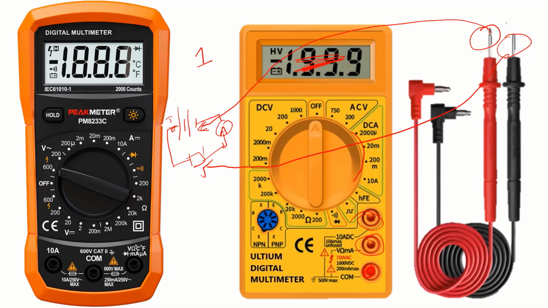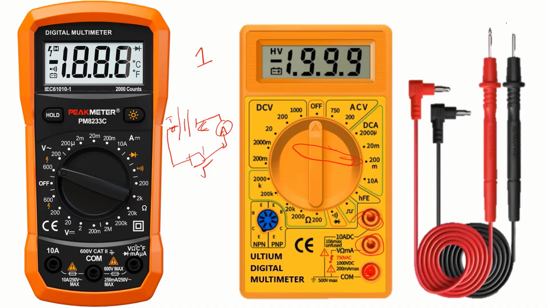Let's take a typical example. Assuming that you have connected your multimeter to the circuit, and then you switch, for example, to 200 milliamperes. So your knob is somewhere here, at 200 milliamperes, and you see that your screen displays 1.